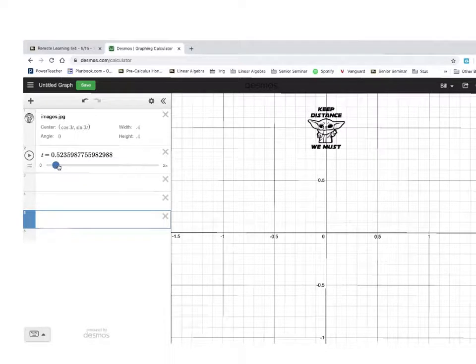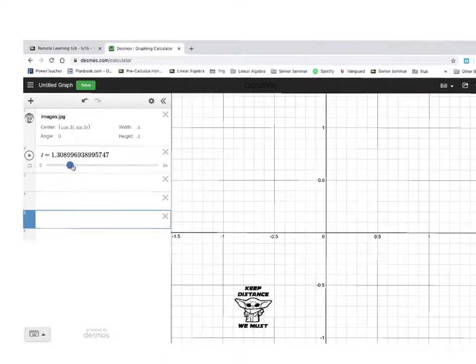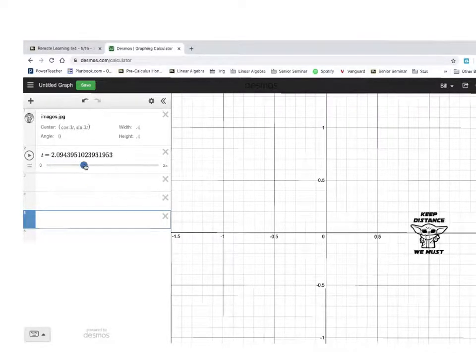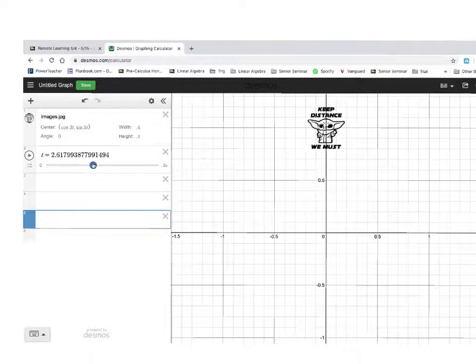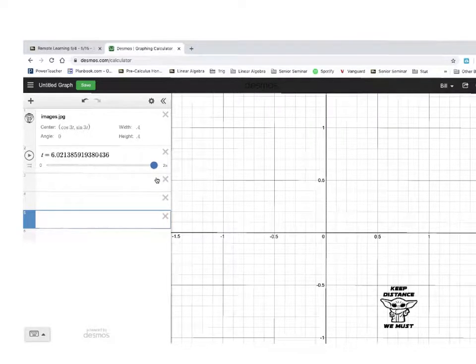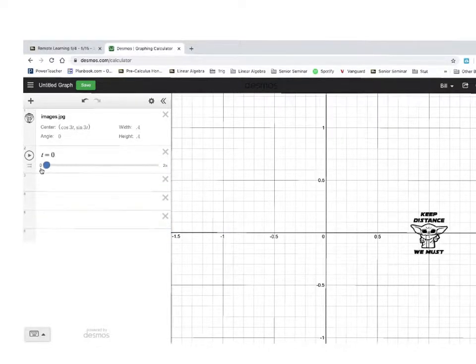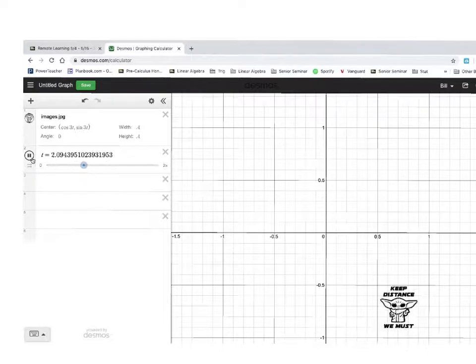What will happen here is as I trace the parameter t from 0 to 2 pi, you'll see Yoda do 1 trip around, here's the second trip around, here comes the third trip around on the standard interval from 0 to 2 pi. So in a sense now Yoda is going 3 times as fast as he did before.